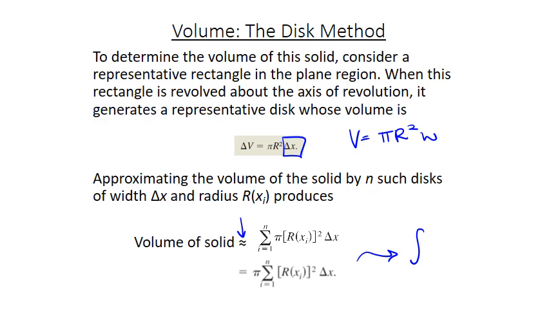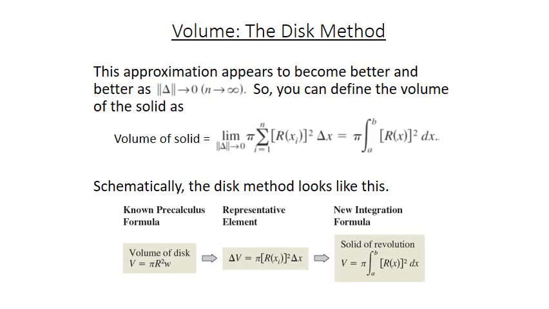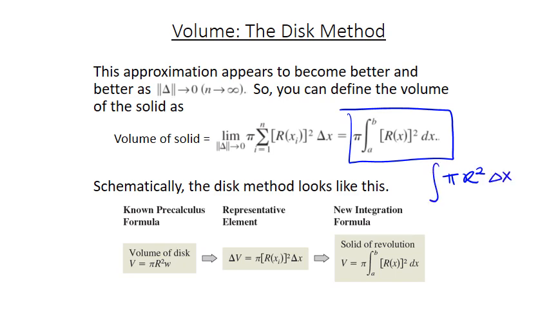All right, so moving on, this ends up being what we are working towards. Now let's talk through this a little bit. If I have a sum of all these rectangles times pi r squared delta x, and I integrate that, remember that pi is just a constant, so you can move pi out.